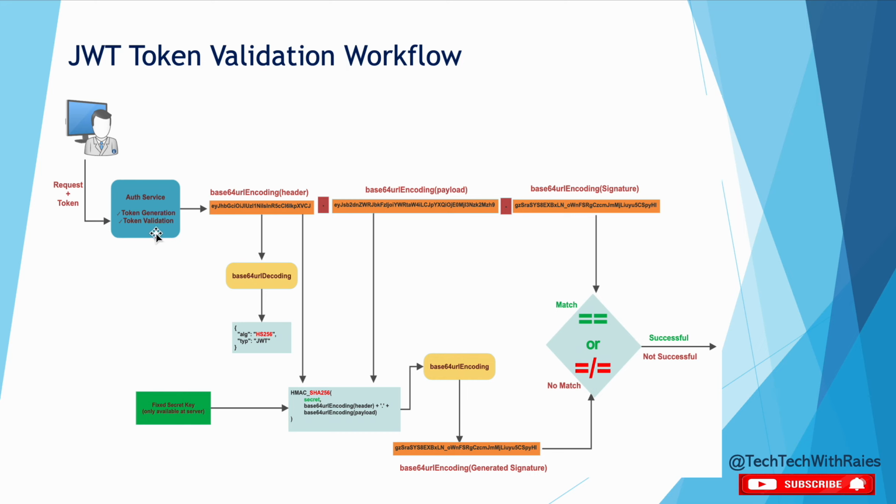What it does, it splits this whole token at the dot, the connector part. From the connector it will break this whole token, and we'll get three parts. The first part is called header, second part is called payload, third part is called signature.